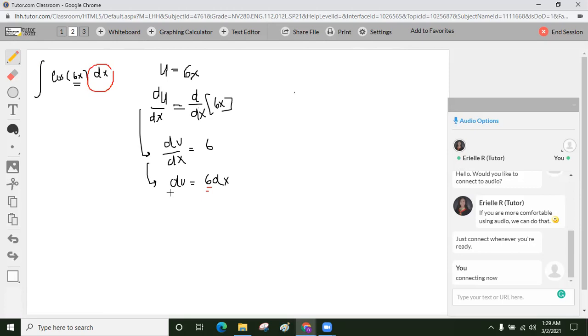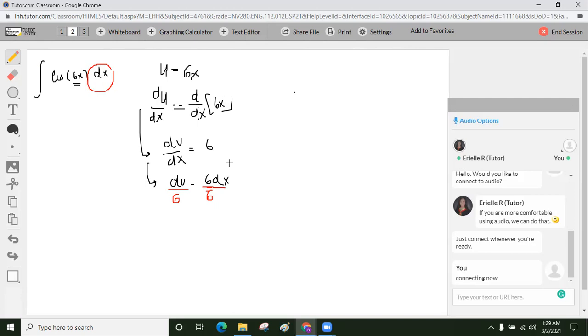So du is now written in terms of dx. Okay, so we are getting there. Since we have 6 right here, it is a constant, but we do not have any 6's multiplied to either cosine 6x or dx. Since this is a constant, you can go ahead and divide both sides by 6, since we only need dx.